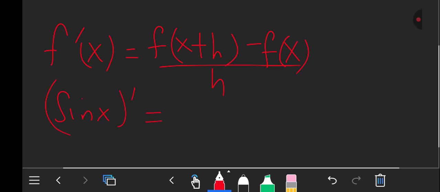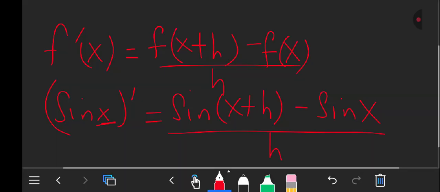So this will be equal to sine, where there is x, I'll substitute x plus h, then minus the function itself, which is sin x, divided by h.